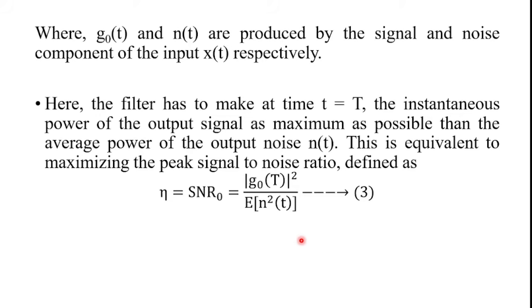In this equation, magnitude of g naught of capital T whole square is the instantaneous power in the output signal, capital E is the statistical expectation operator, and expectation of n square of t is a measure of the average output noise power.